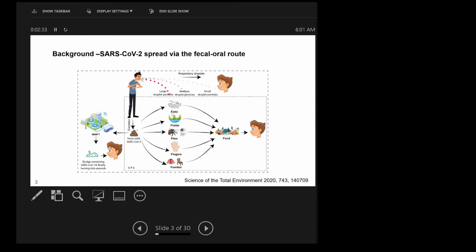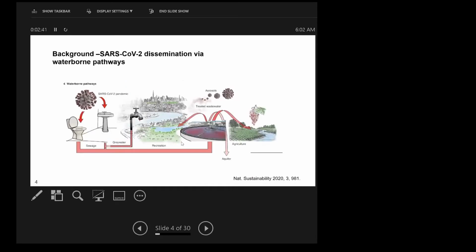They can follow paths such as the fluids, the flies, the fingers, and the foods. In addition to its existence in stool samples, SARS-CoV-2 has also been detected in domestic wastewater, in sewage, and downstream rivers.